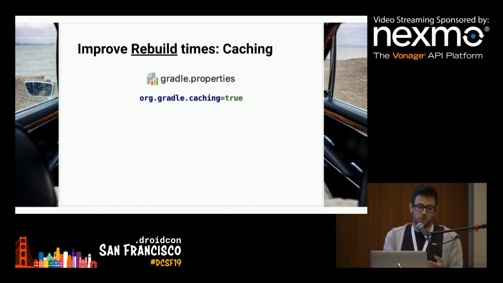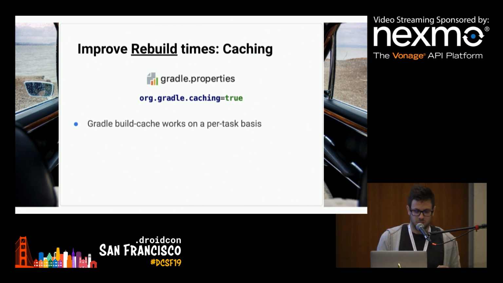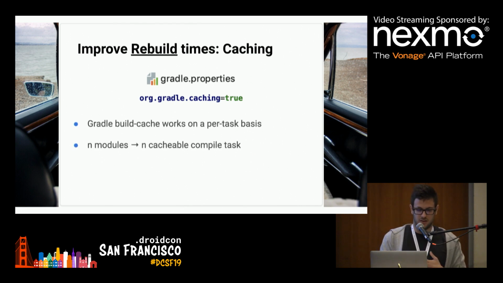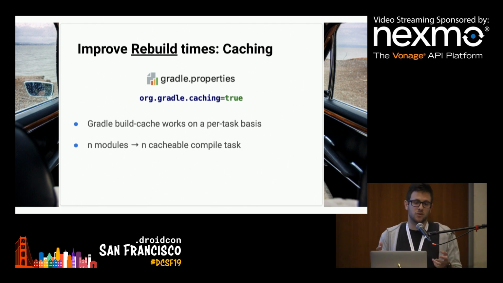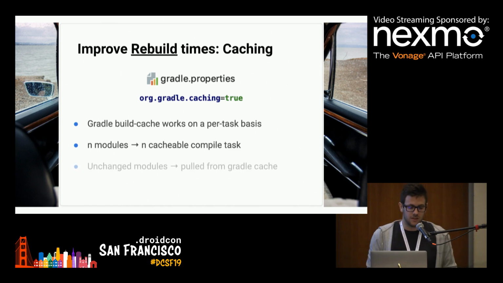In that case, even if we have caching enabled, we won't be making any use of it. If we start having more modules, we will start getting some benefits in rebuild times. Basically, if we have 10 modules and we're working on one of them, when we rebuild, Gradle will already have the cache saved from the other modules, and it will just pull it from cache, saving us a lot of time.